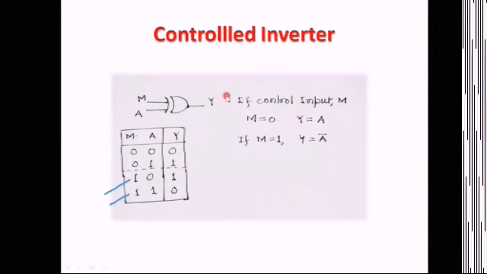So what we can say is that in the XOR gate, one of the inputs is a control input. Suppose we have considered M as the control input. If it is equal to 0, then in Y we will be getting A as the output, and if it is 1, we will be getting Y is equal to A bar. So the XOR gate can be used as a control inverter, and this property of the XOR gate will be used to design the parallel adder subtractor, where in one circuit we can do both addition and subtraction.